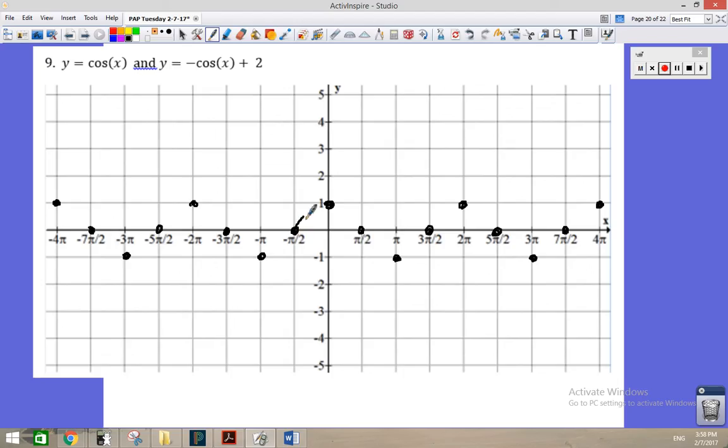So my basic cosine function, which I'm treating as this parent function, has a range from -1 to +1 and has a domain of all real numbers. This pattern continues forever. I can't draw forever, so I put an arrow at the end of each of these to indicate that this pattern continues. Now, we have two transformations going on.